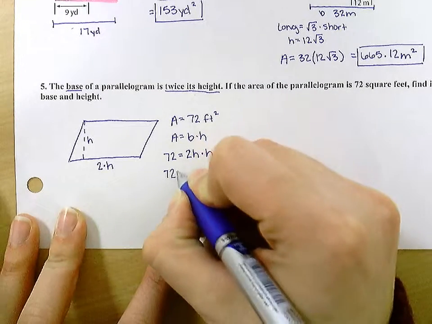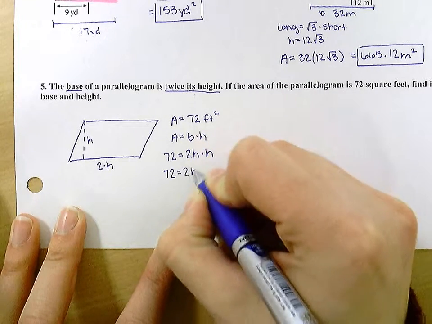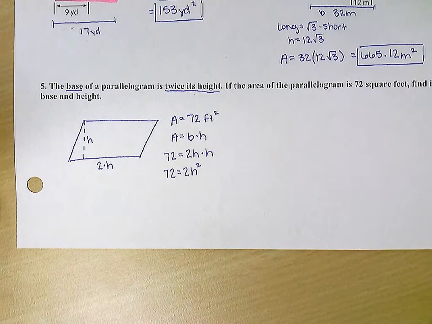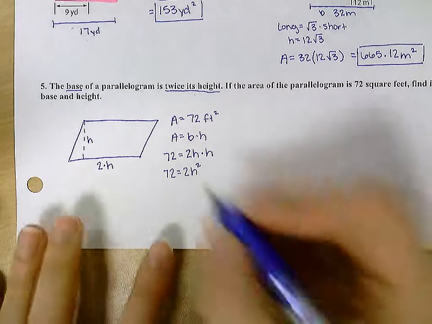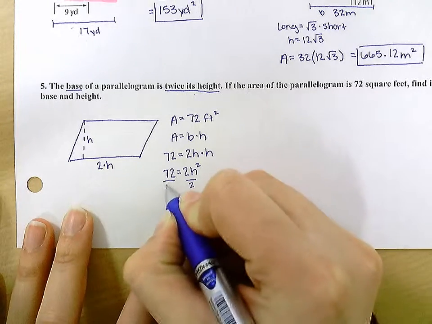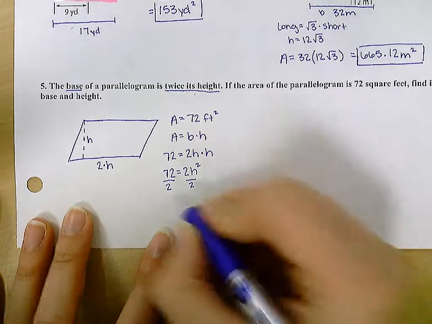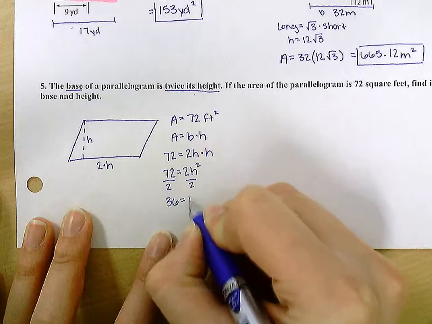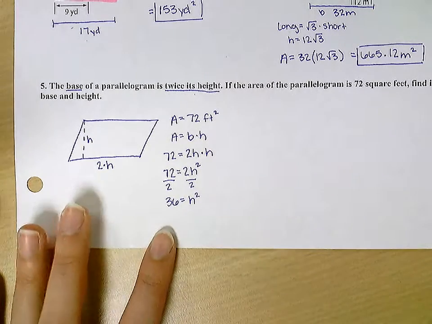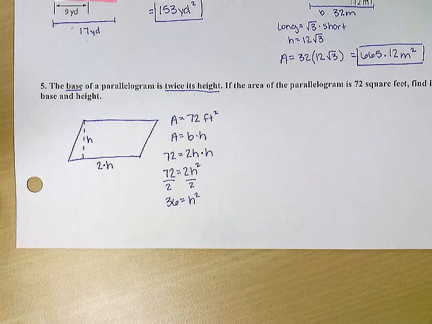So I have 72 is equal to 2 times h squared. I multiply h times h, that is h squared. What should I do next? Divide by 2. So I have 36 is equal to h squared. What does h equal?